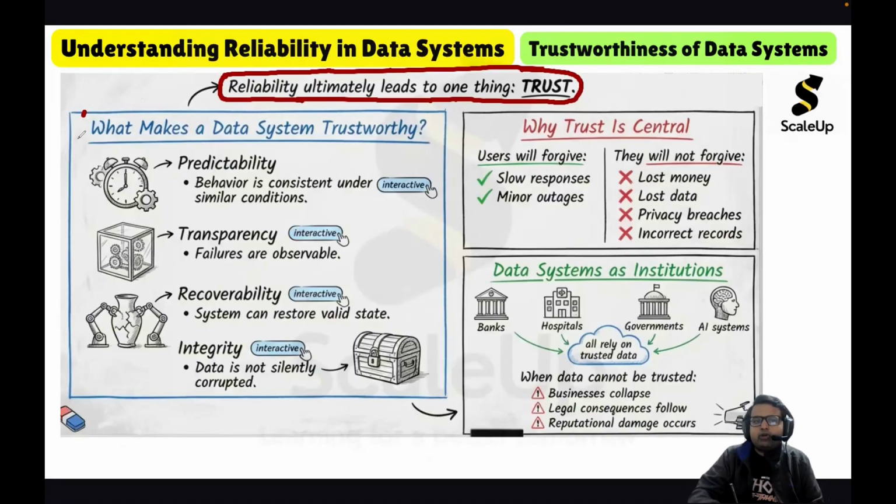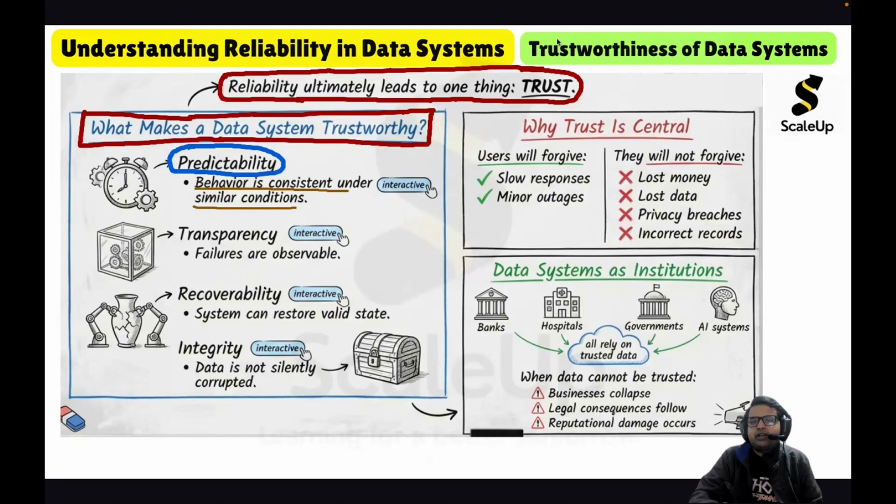If I talk about what makes a data system trustworthy, the answer is reliability. And when I talk about reliability, I'm talking about predictability, which means behavior is consistent under similar conditions. That is predictability. Transparency.